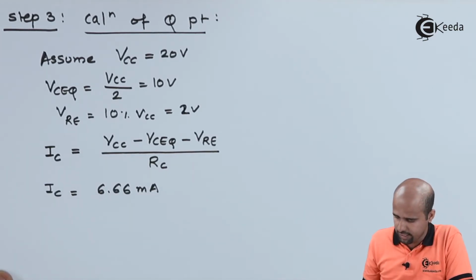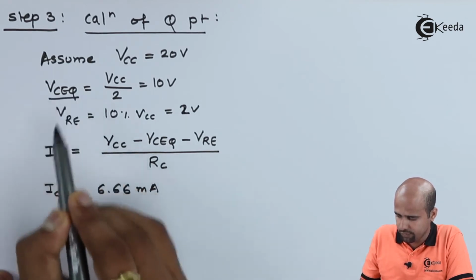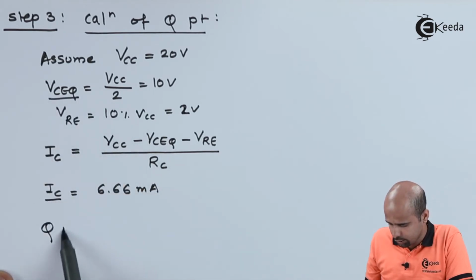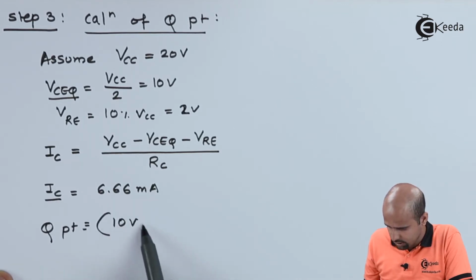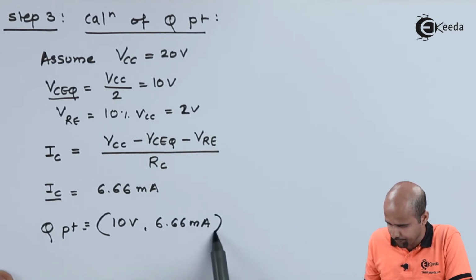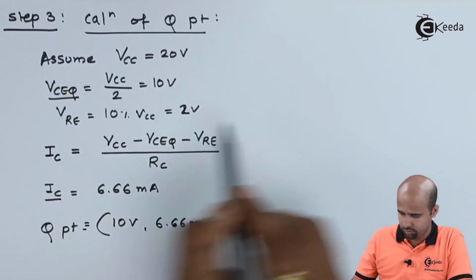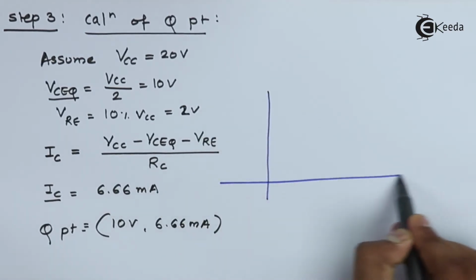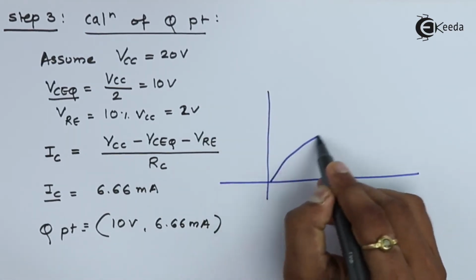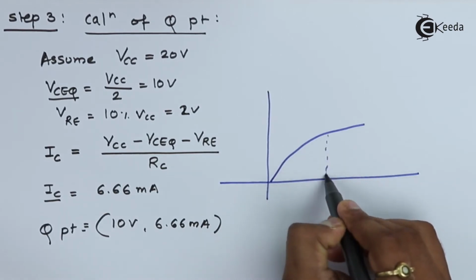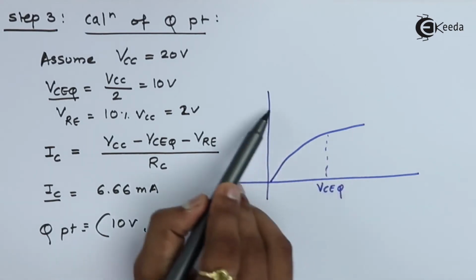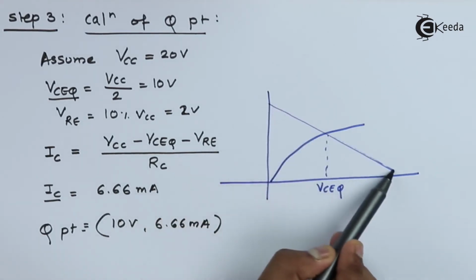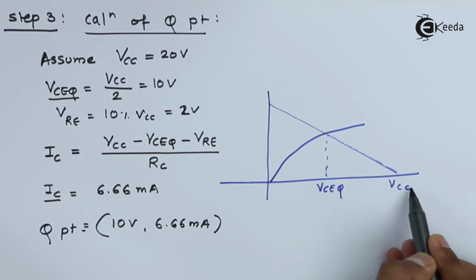Once we get the value of IC and the value of VCEQ, we can say the Q point is coming out to be 10 volts, 6.66 milliampere. If you want, you can show that graphically in this way. This is your VCEQ, that is 10 volts, and here you can draw the VCC.